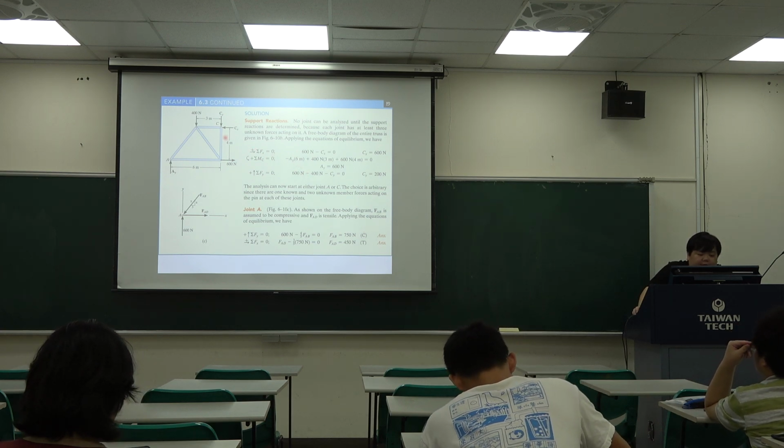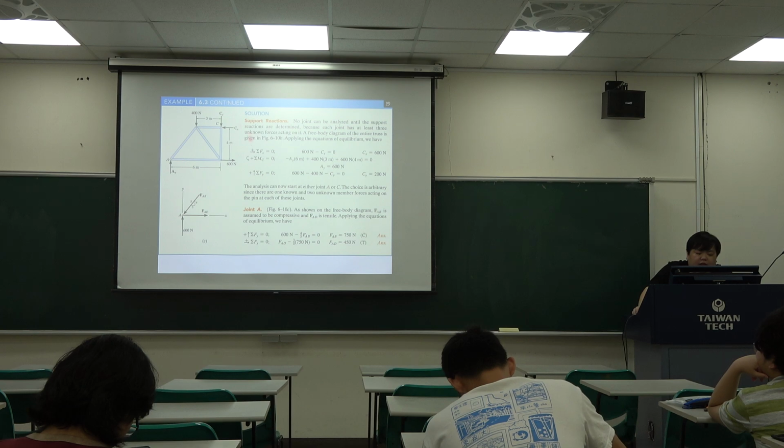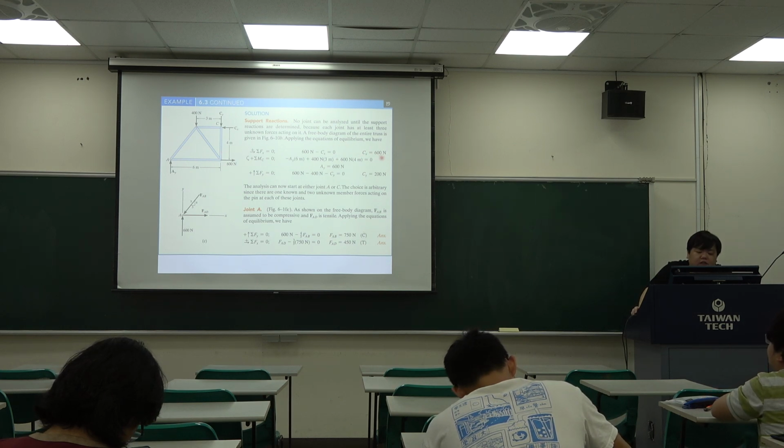Then we can calculate the reactions first. So we can do the summation Fx equal to 0. So we can see in this free body diagram the Cy will equal to this. So the Cy equal to 600 Newton.